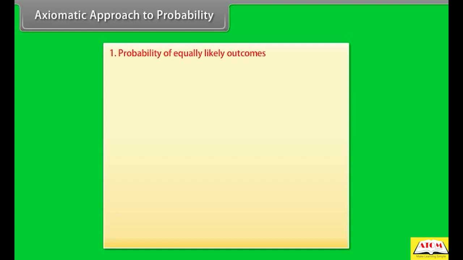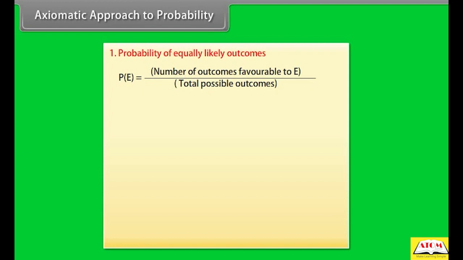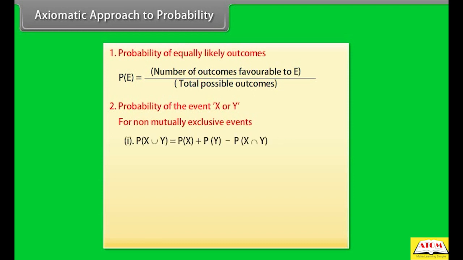Probability of equally likely outcomes: P(E) is equal to number of outcomes favorable to E by total possible outcomes. Probability of the event X or Y: for non-mutually exclusive events, P(X union Y) = P(X) + P(Y) minus P(X intersection Y).